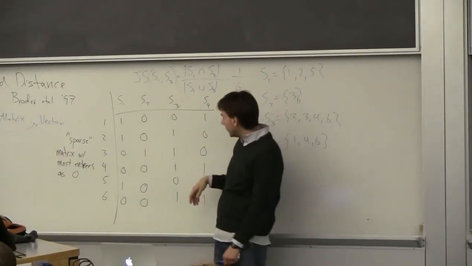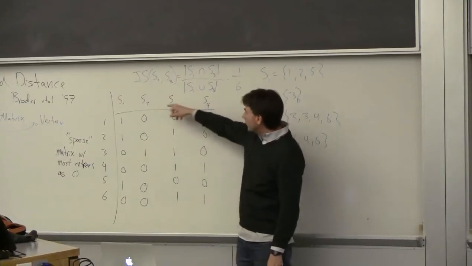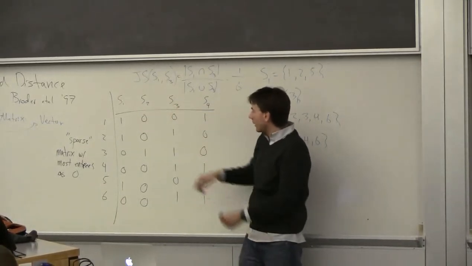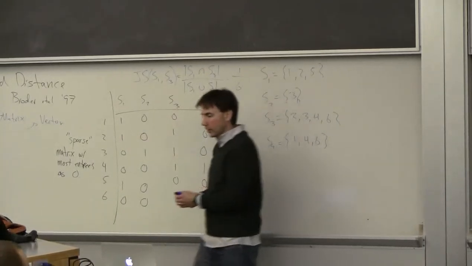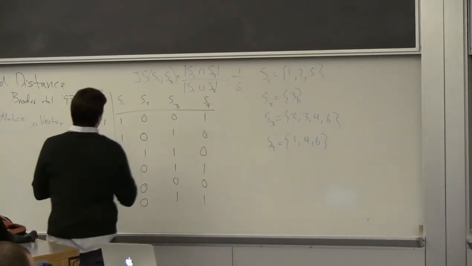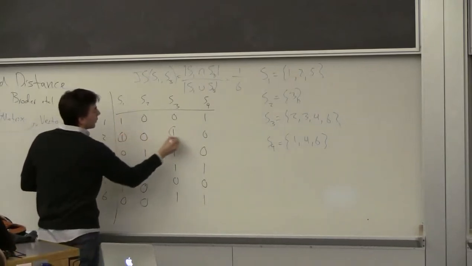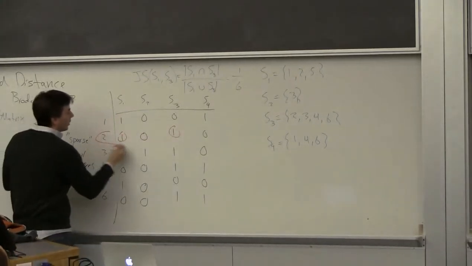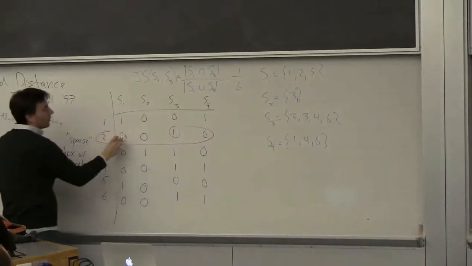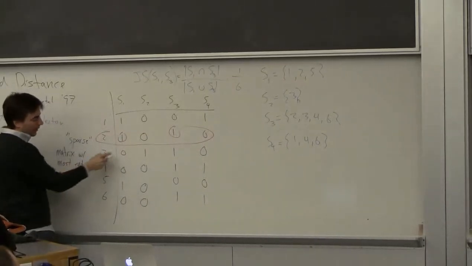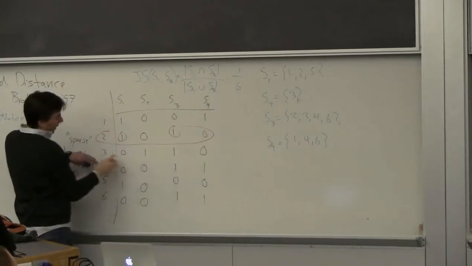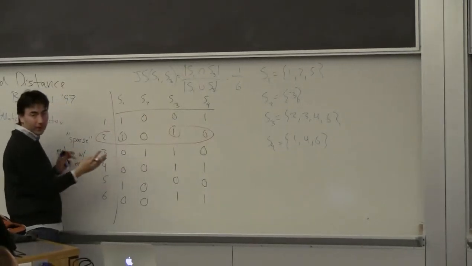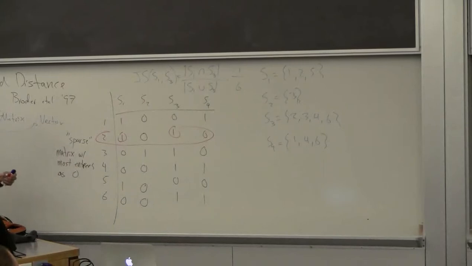So if I look between set 1 and set 3, I can go across and calculate the number of rows where they both have a 1, right? So this is the only row where both of these have a 1. Any place else that set 3 has a 1, set 1 is 0 here. Okay, so this information is still captured.